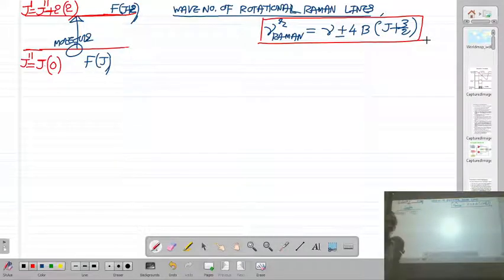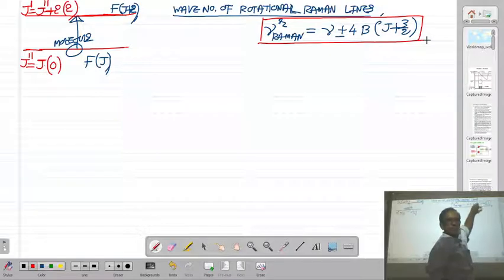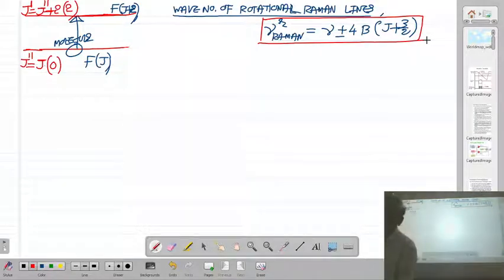Where nu, as I told you, is the wave number of the Rayleigh line, B is the rotational constant of the molecule, and J is the lowest rotational quantum number. Okay, so I will show you the transitions and the rotational lines, so you can understand.